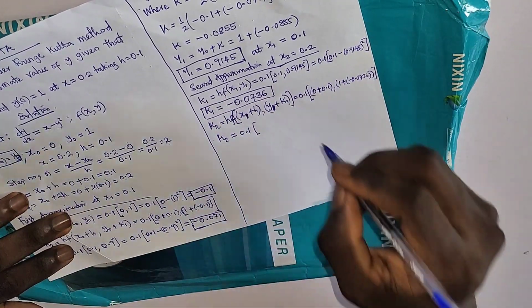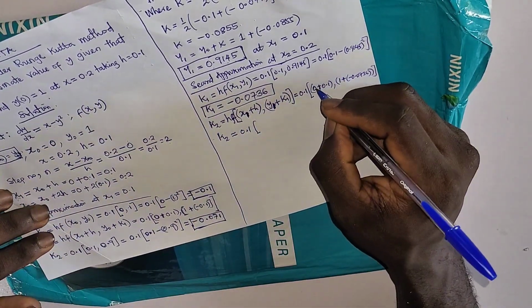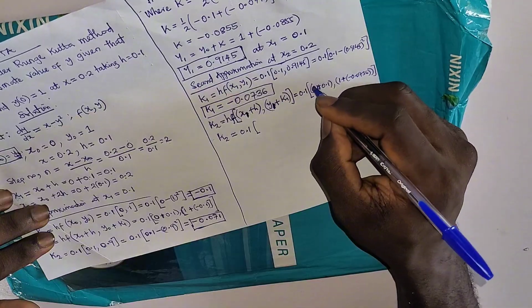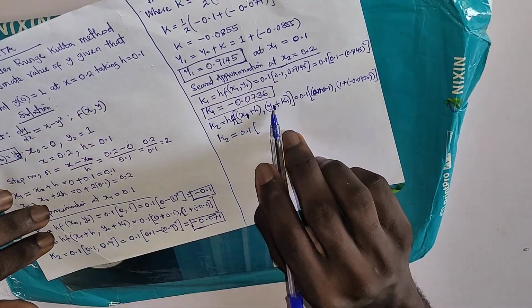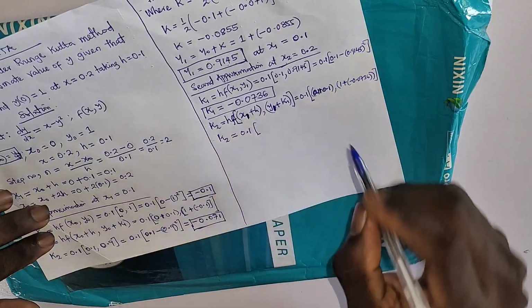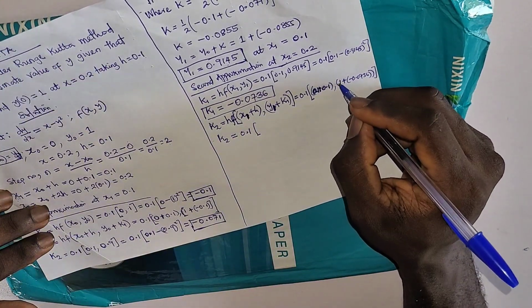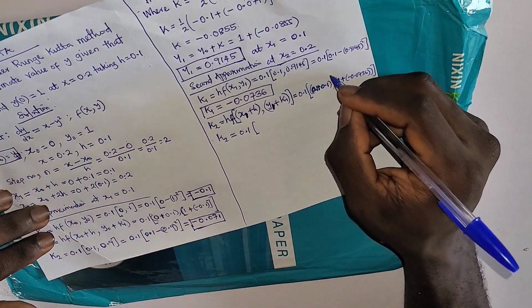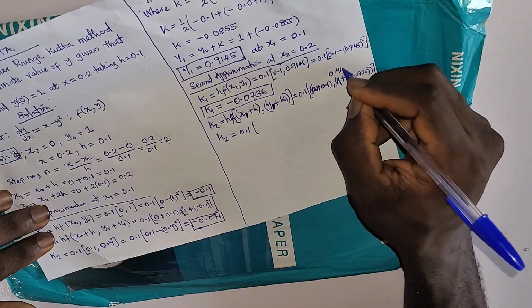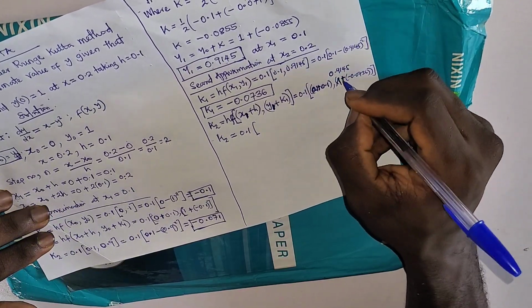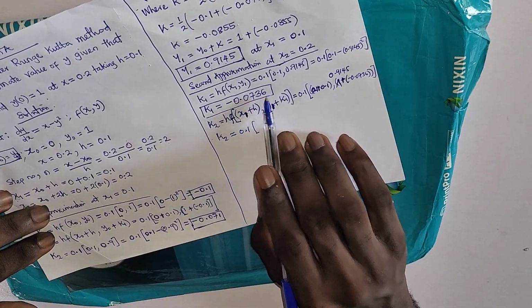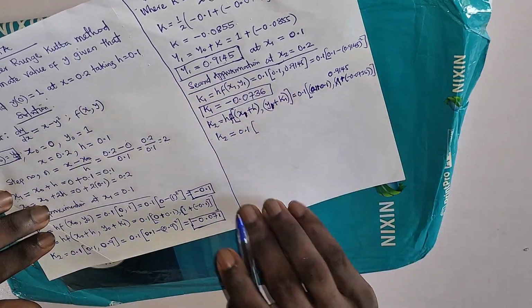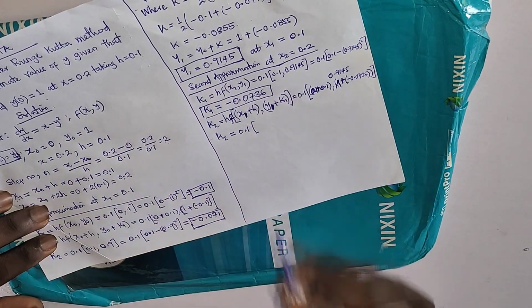So x1 is 0.1, so 0.1 plus 0.1, while y1 here should be 0.9145 plus negative 0.0736. So please pay attention to that correction.